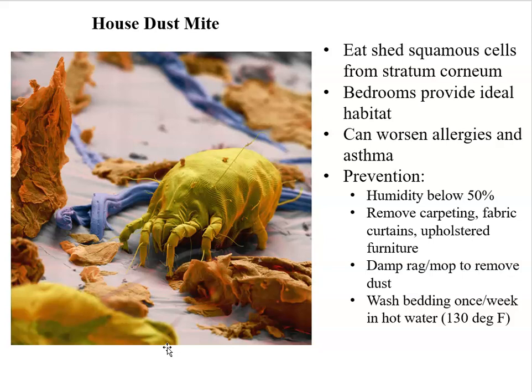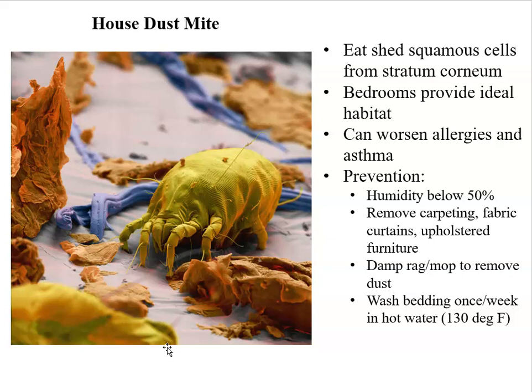Mites are detritivores, meaning they gobble up dead, decaying things. But this particular house dust mite, what it eats is dead, shed squamous cells that we lose from our stratum corneum. So it's going to like where we spend the most time, in our houses, in our bedding, in blankets, in carpet, in fabric curtains, in our couches, places like this.